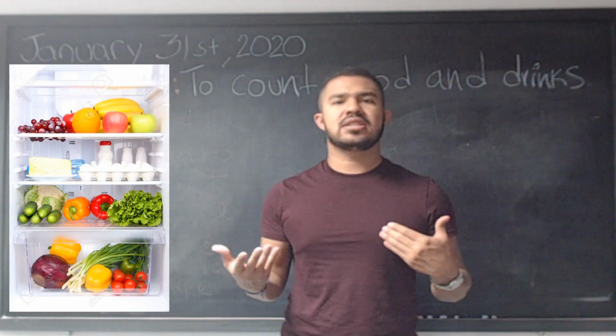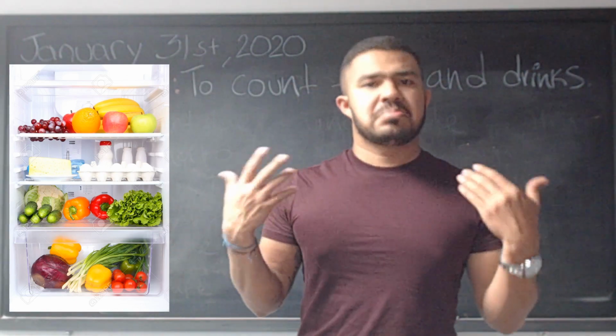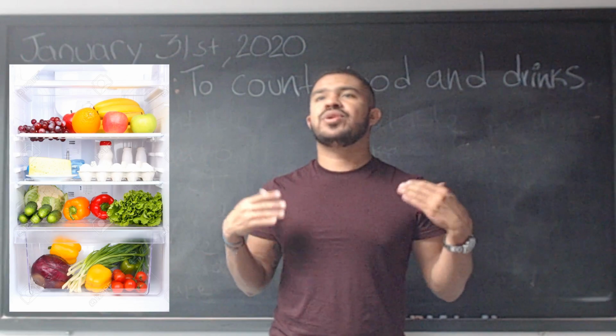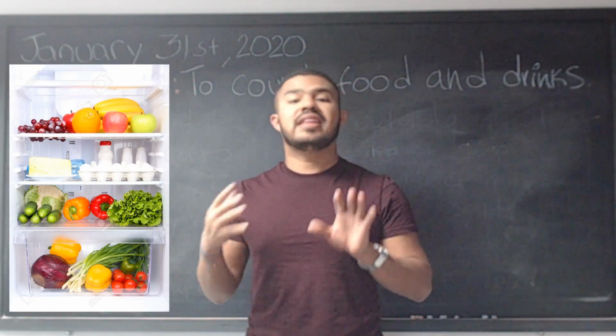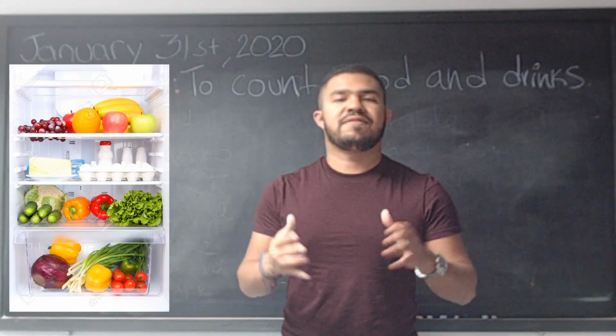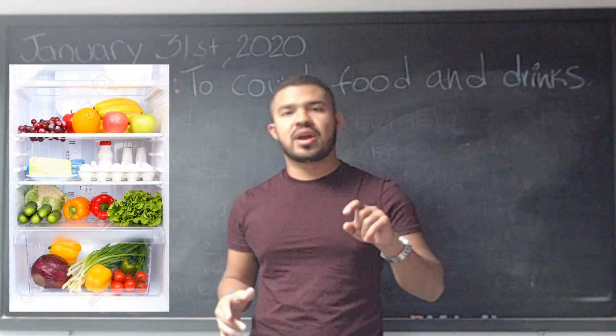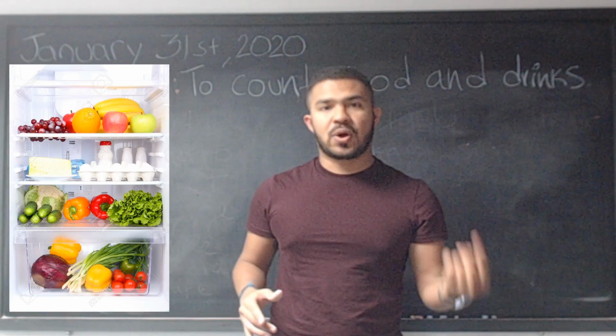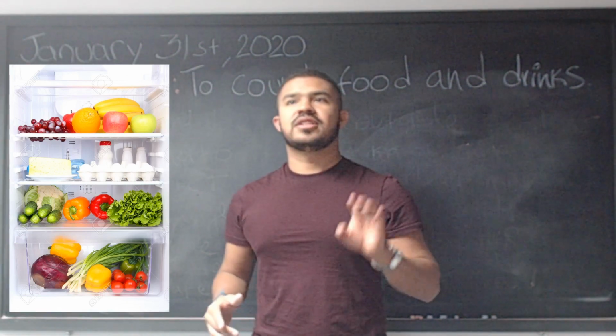So you tell me, for example, "Teacher, there are 5 eggs." You say it in that way, you guys know that eggs is a countable noun. You see? So that's the idea.